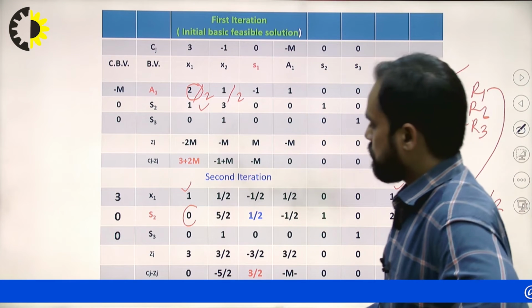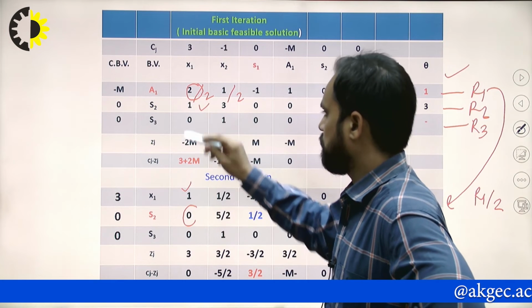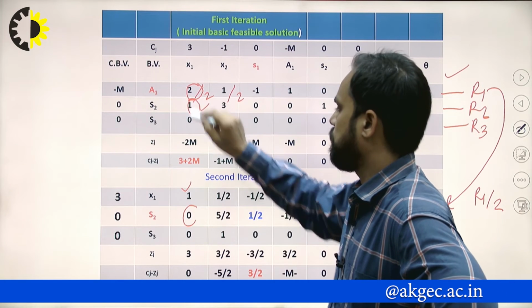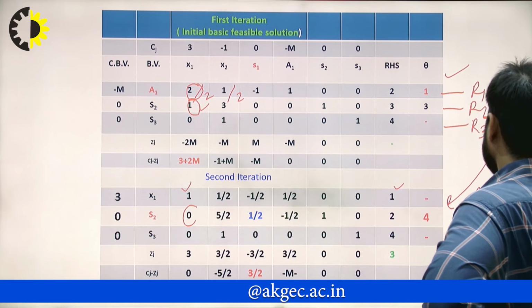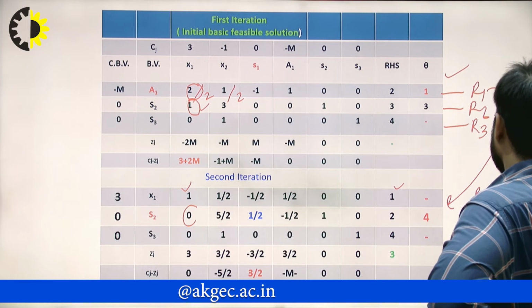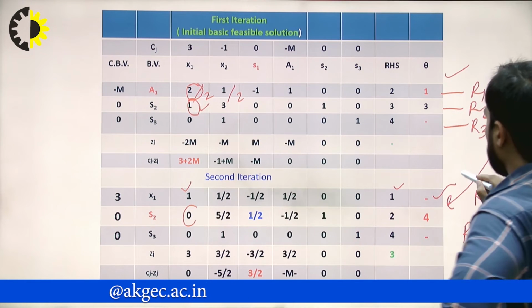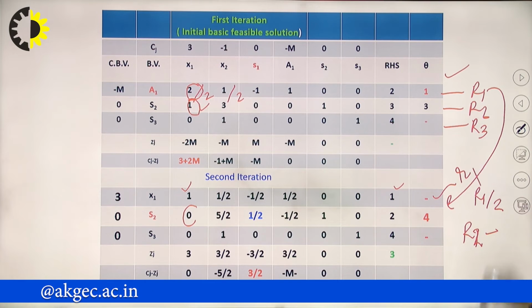In the next step, this value must be 0. And how can this value be 0? Suppose R2 minus small r1. This equation is representing small r1. R2 I am taking from this equation.